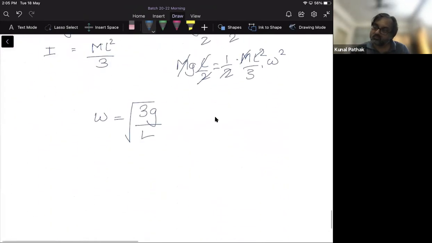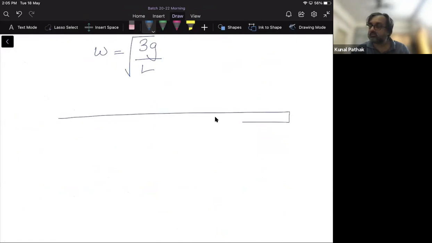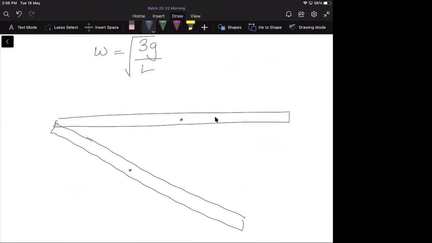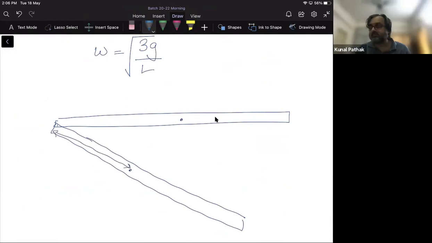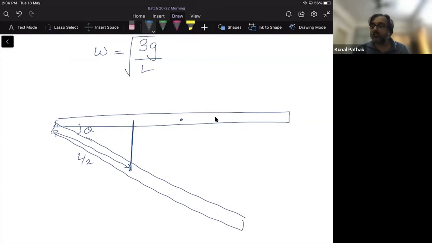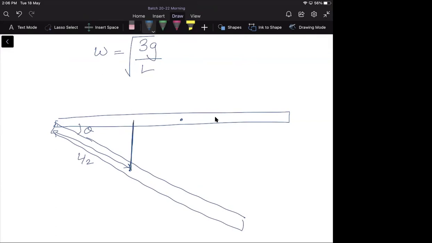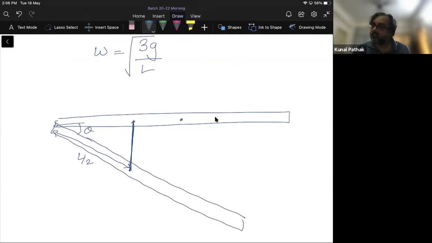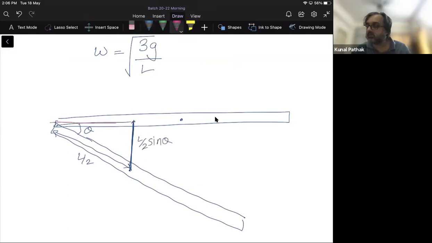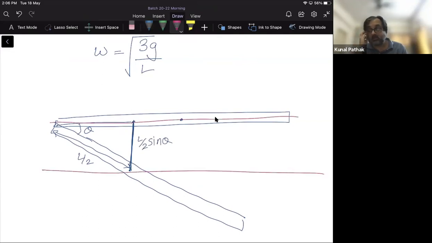Look. Okay, is it fine now? Yes sir. Tell me how much this distance is, l/2, and how much is this angle, theta. How much will this length be? L by 2 sin theta. Right, and this is also the vertical distance traveled by the center of mass.